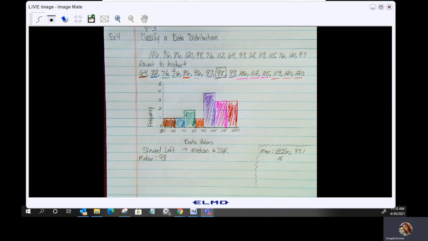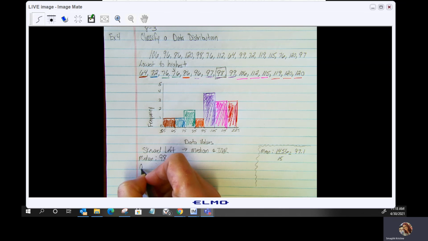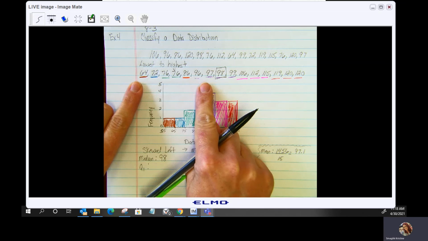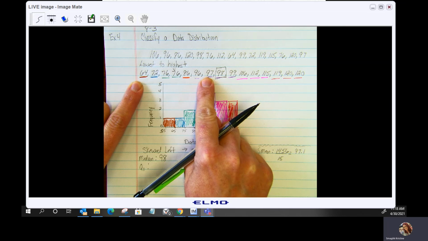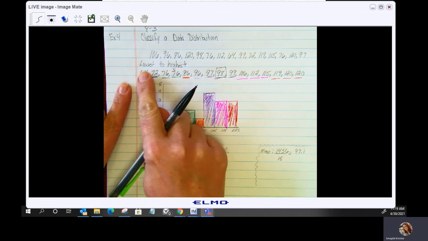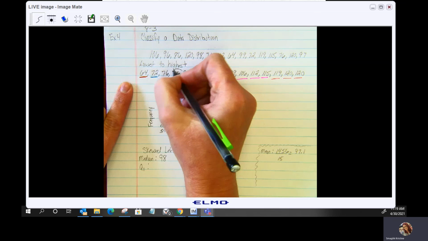Now let's also take a look at the quartiles. We're going to calculate the IQR, and then we're going to backtrack and see what we can determine just by looking at the quartiles to determine whether a data set is skewed or symmetric. Quartile 1 is the median of the first half of the data. I have 7 data values to the left of the median. Half of that is 3.5, so it's going to be my 4th data value, 1, 2, 3, 4.